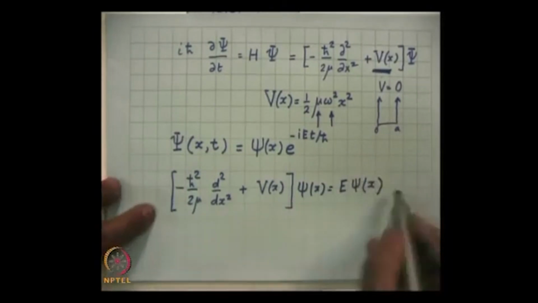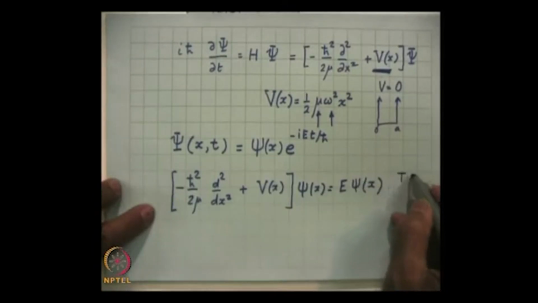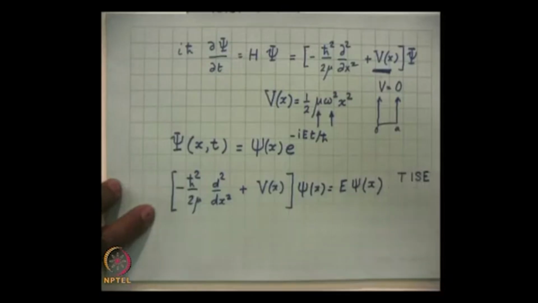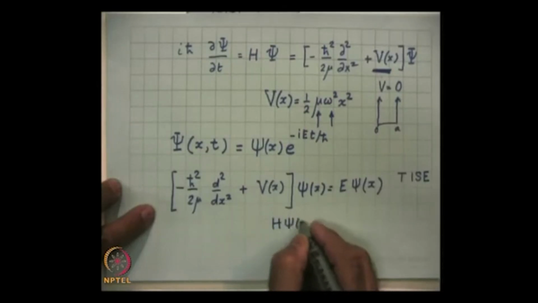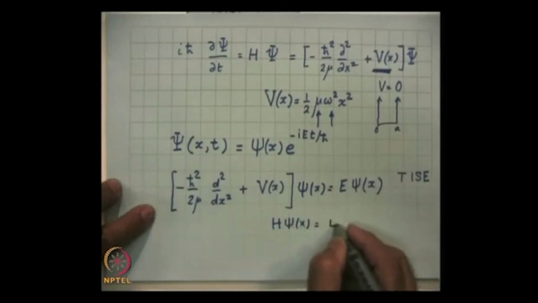This is the time independent Schrodinger equation. Actually, this is an eigenvalue equation, as I had mentioned last time, that H psi of x is equal to E psi of x.